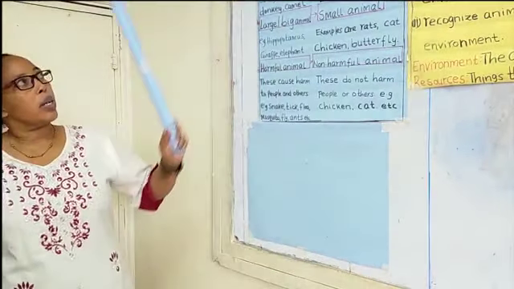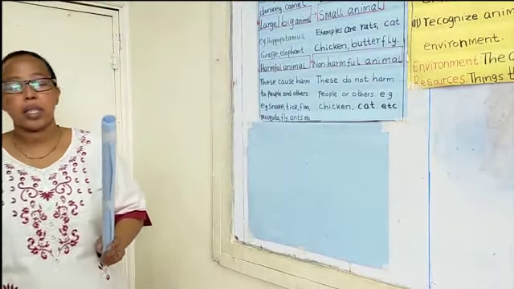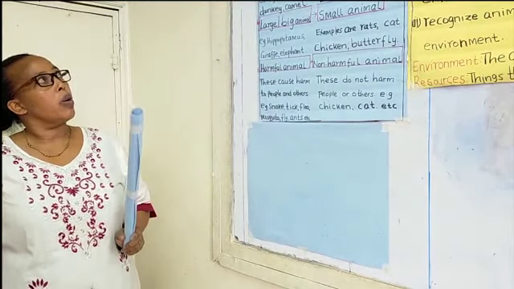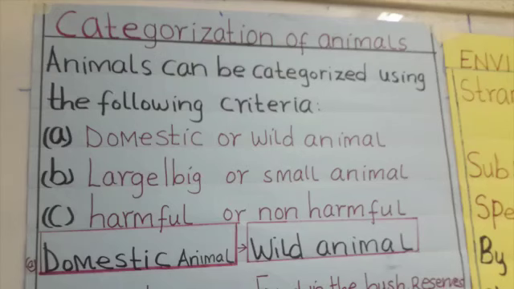So, when we come to animals, we categorize them in different ways depending on a criteria. And we have 3 criteria that are used to categorize the types of animals that we have. The first criteria is domestic or wild animal.